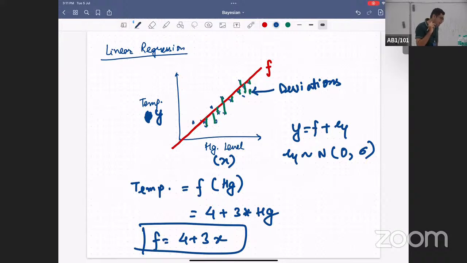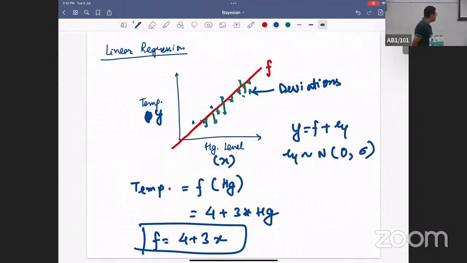So why do you think I've written normally distributed with mean 0 and scale sigma, not mean 5 and scale sigma? Could I have written that? No, the mean is shifted. So 0 means the mean, scale is the sigma. Okay.